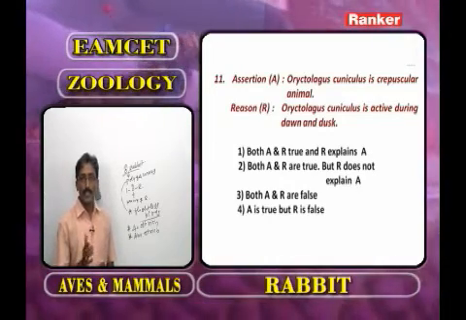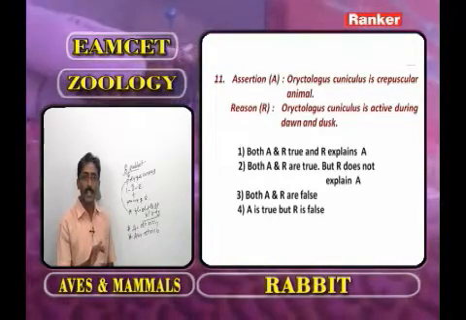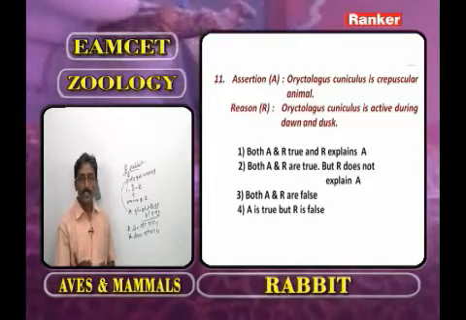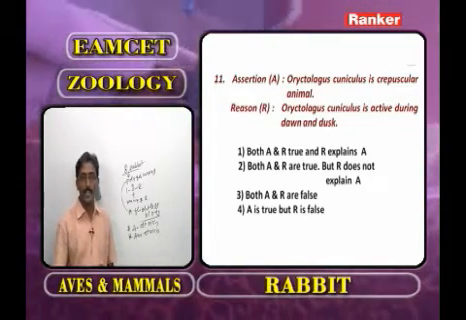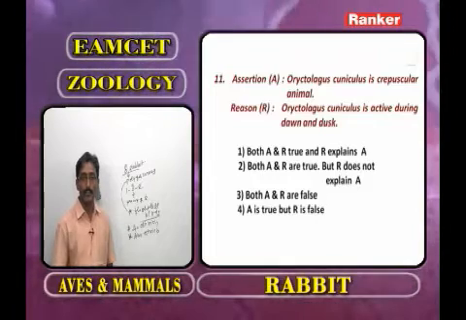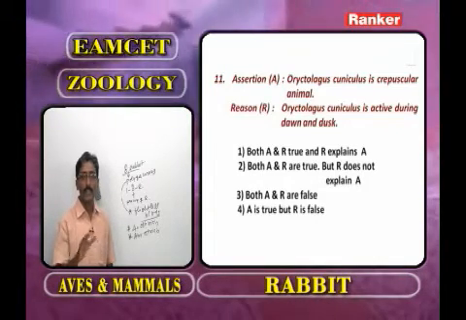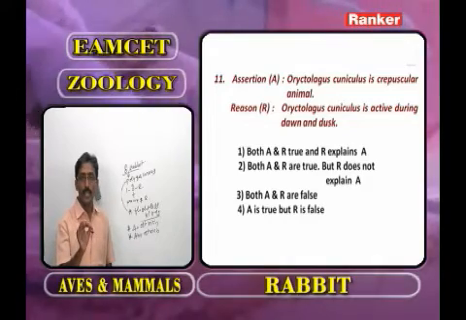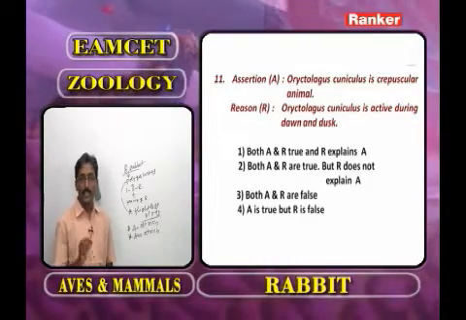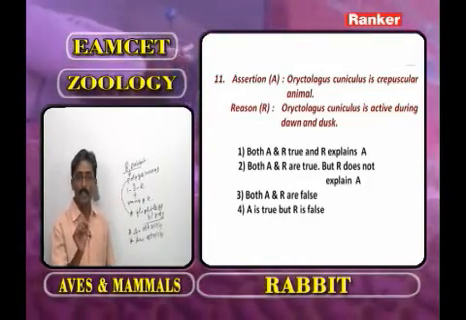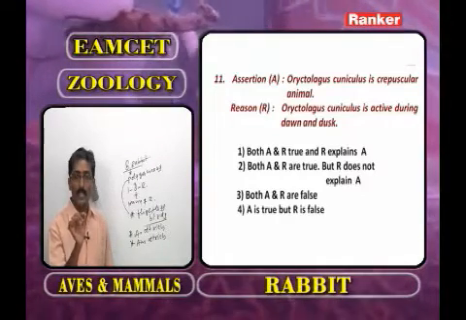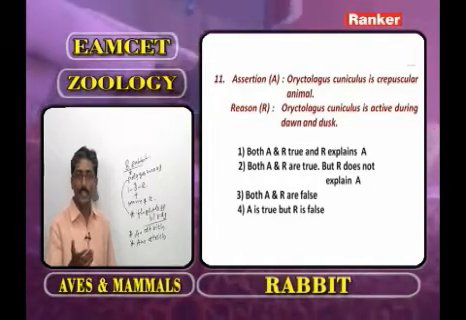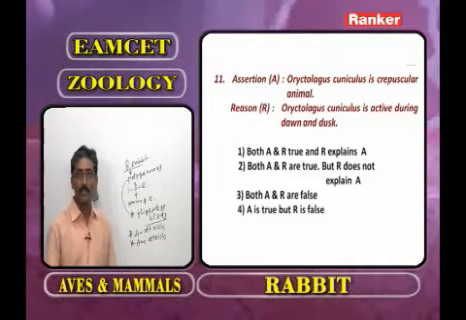It means in the early hours of the day and in the evening time, the rabbit is very active. The rabbit is considered a good entertainer. And if we observe the biological systems of the rabbit, we can understand all systems of the vertebrates.